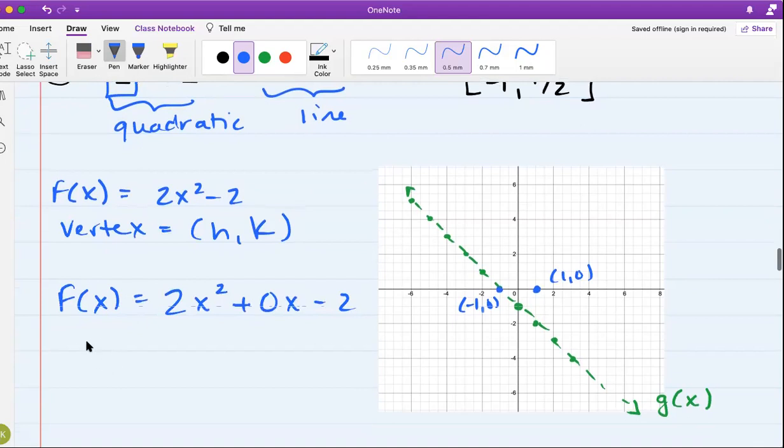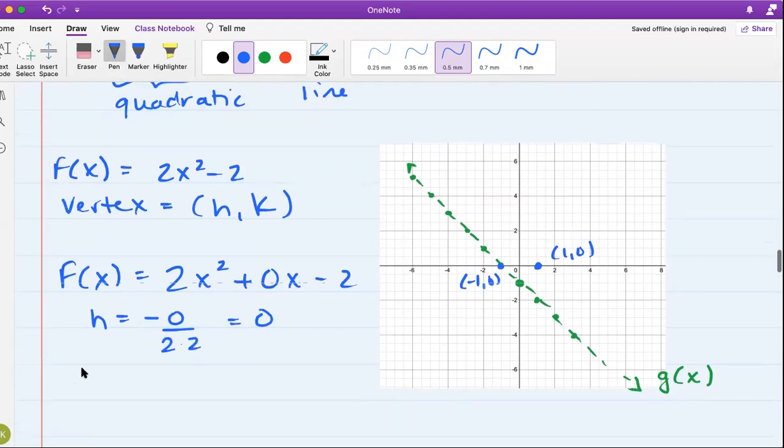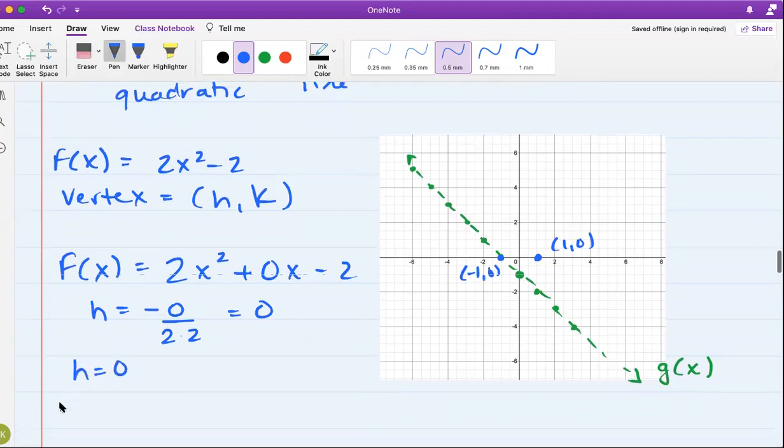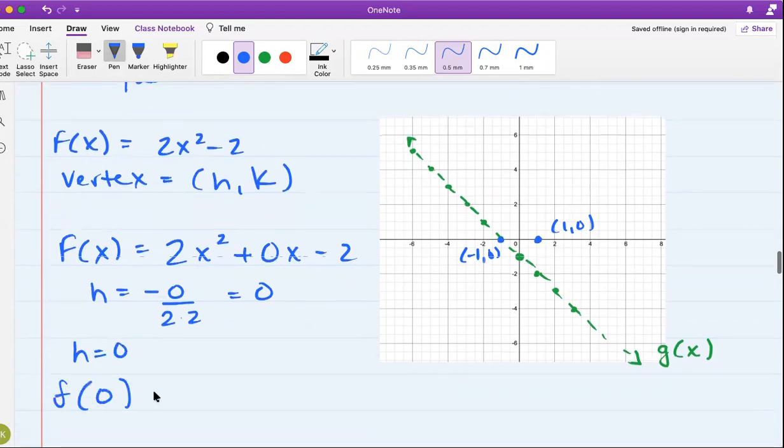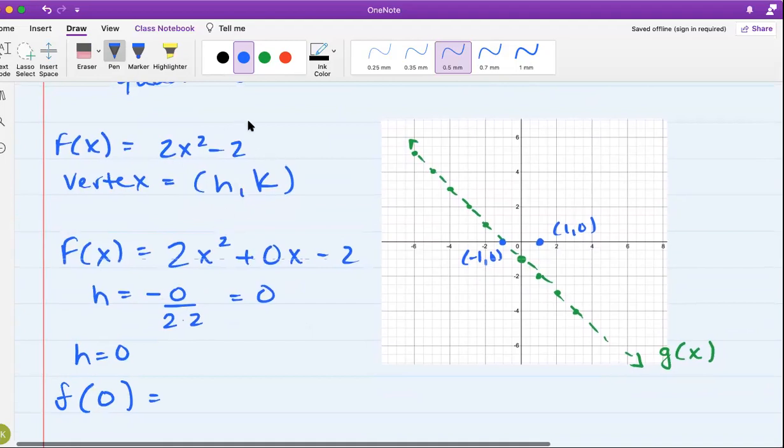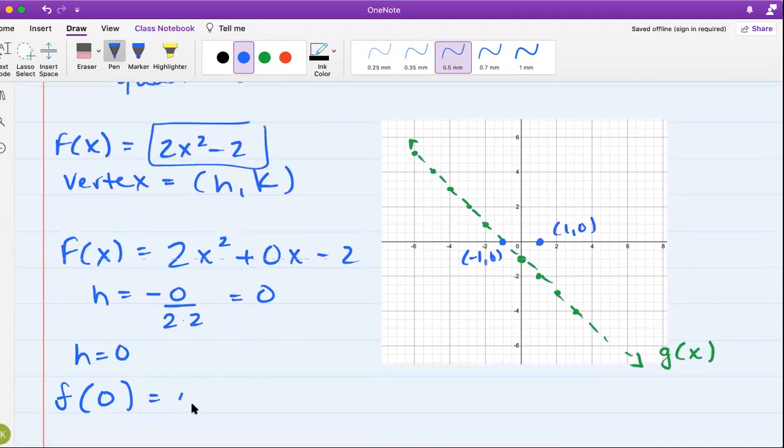So your h, which is negative b over 2a, is just 0. Now to find k, we plug 0 into our function. If we plug in 0, we get 0 minus 2, which is negative 2. So we can see that the vertex is at 0, negative 2. So here is our graph.